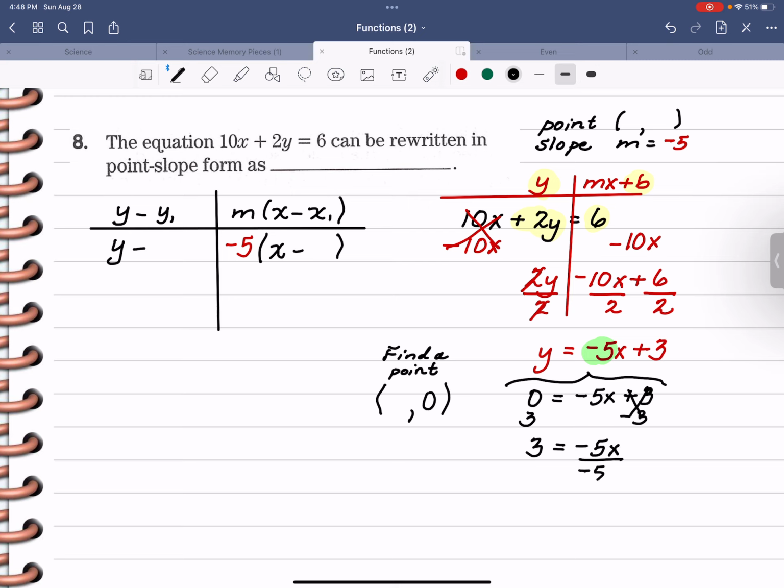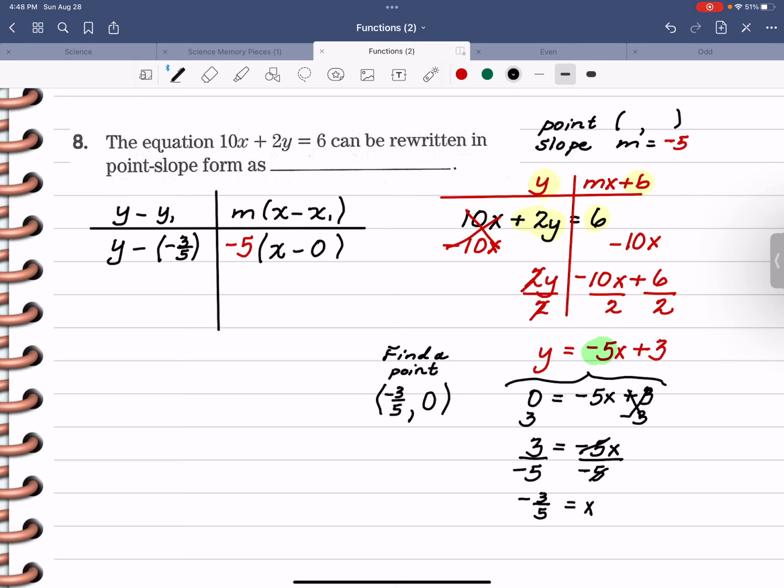So let's divide by negative 5, and we end up with x equals negative 3/5. So I'm going to bring that up here for my x coordinate. And then I can use this point to finish this part. So my x is negative 3/5, and my y is 0.